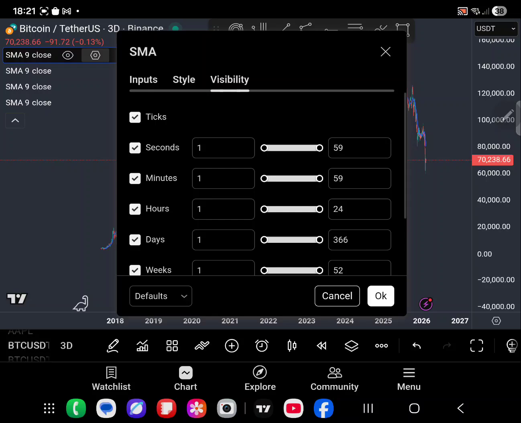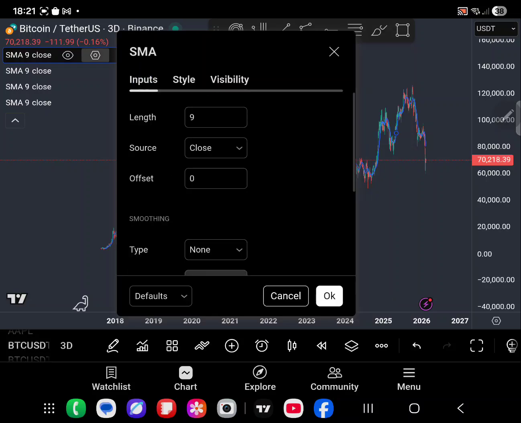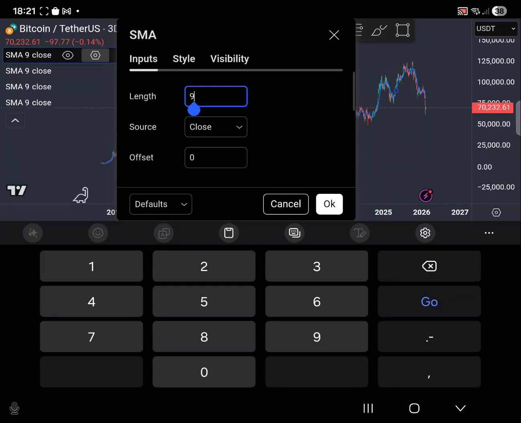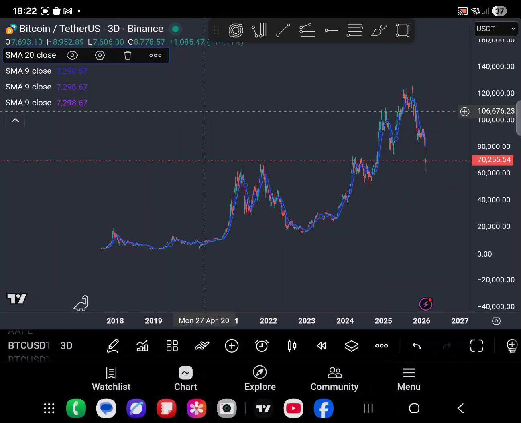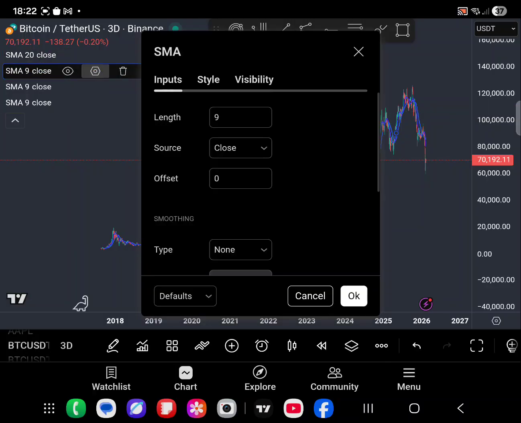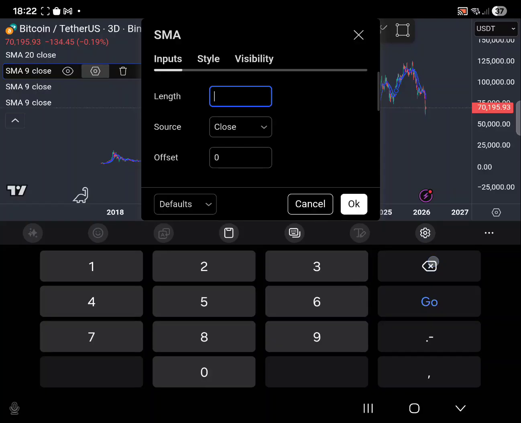I go to the properties, inputs, and change the length. I'll set this one to 20, and then go OK. The second one will be 50.